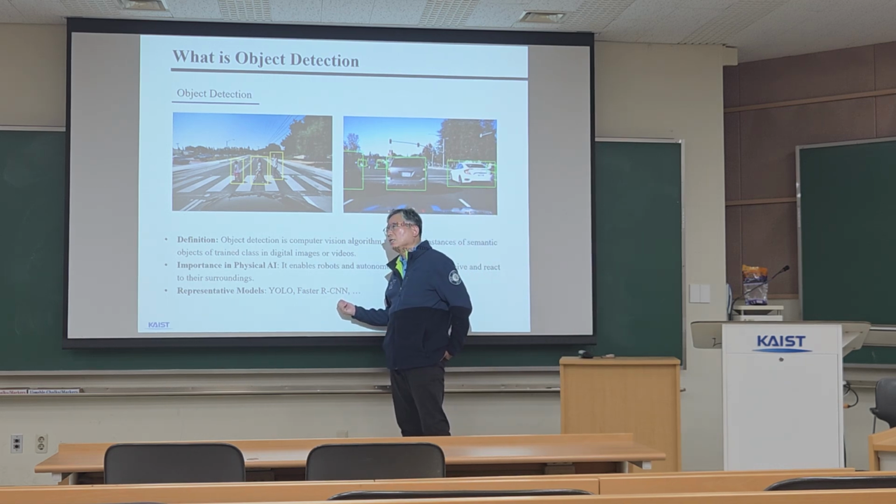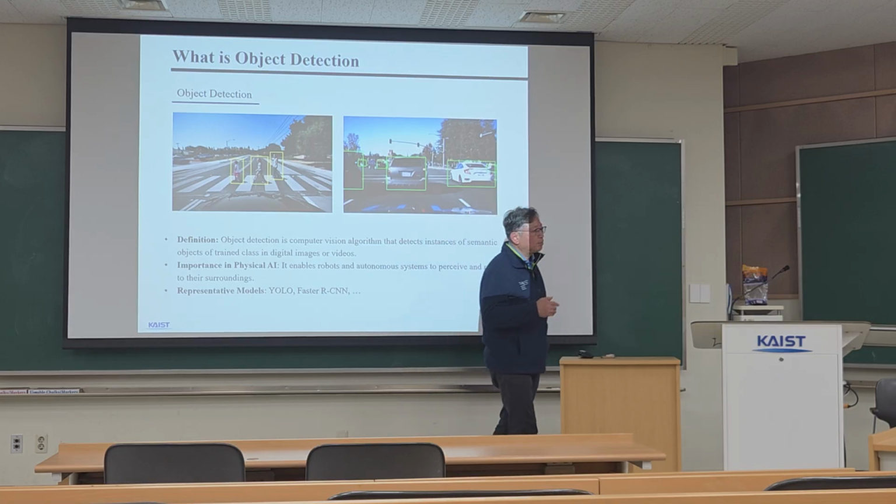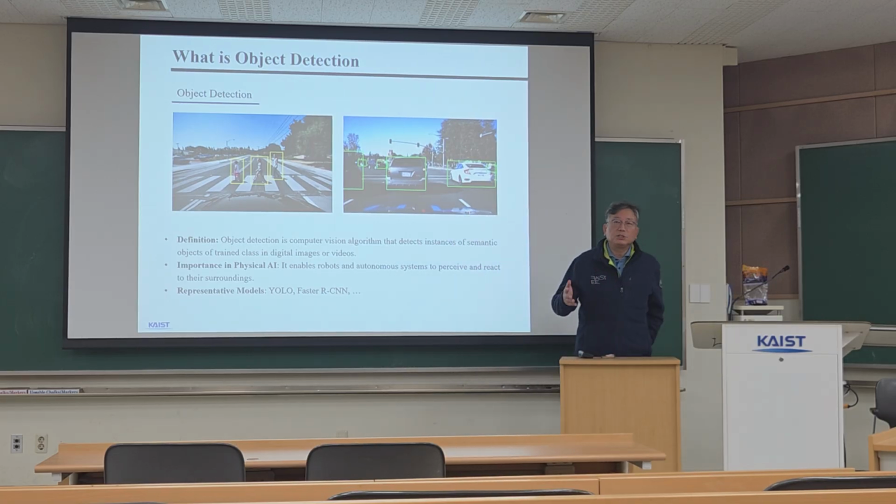Faster R-CNN performs object detection by first finding out regions where there might be predefined objects.